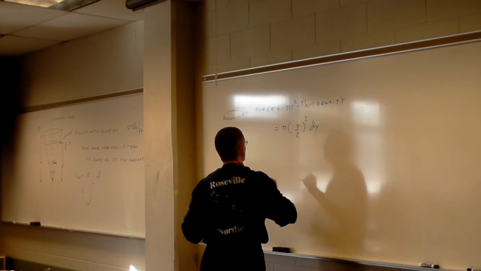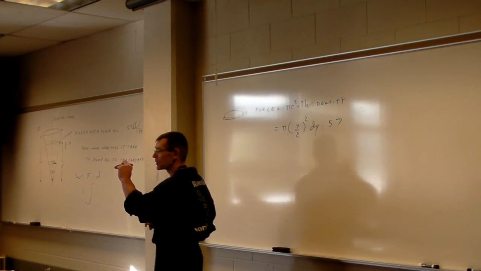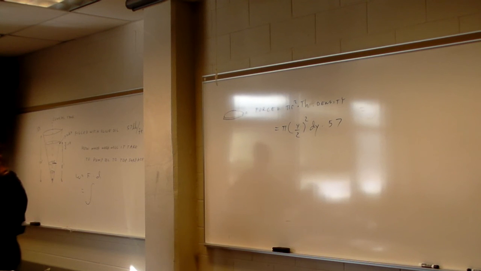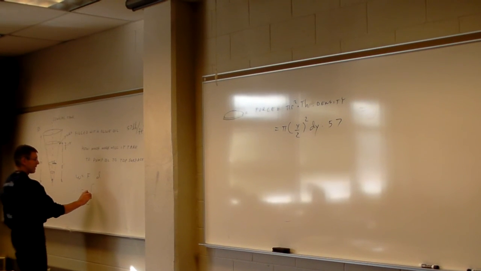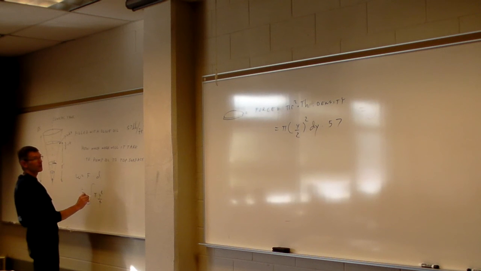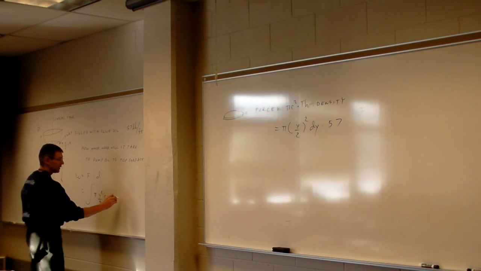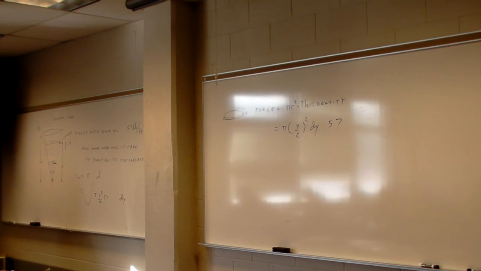The density is 57. So that's how much force each disc is going to take. We okay? So we get pi times y to the 4th over 4 times 57 times dy, where dy represents the thickness of each disc.